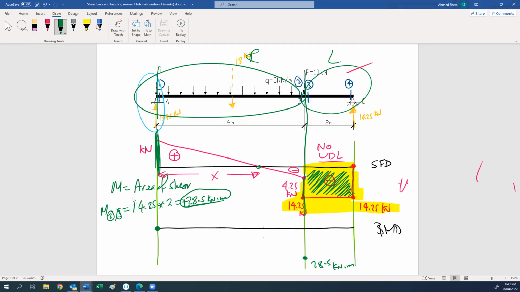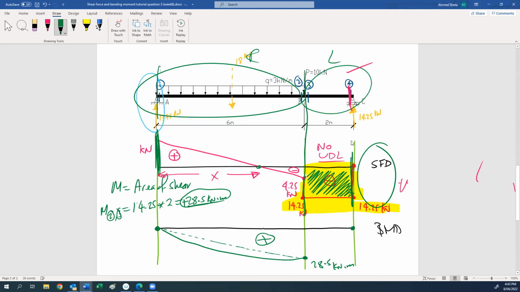Okay, from section 1 to 2, we have uniform load, so I will connect with a dotted line, and then hang the parabola. So this part is positive. The moment at section 4: the area at 4 from right, there is no area from right, so the moment at 4 equals 0.